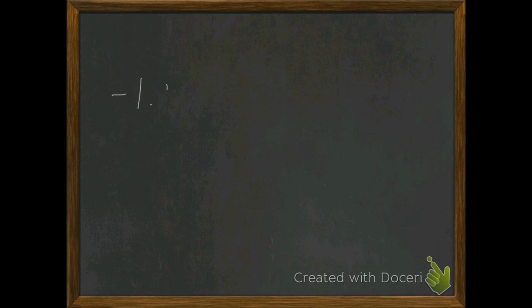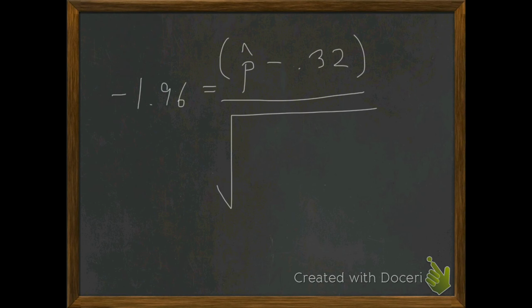So negative 1.96 equals p hat minus 0.32, over the square root of 0.32 times, if you can't take 1 minus 0.32, don't sweat it, just pick up your calculator. And guys, we have a sample size of 1400.